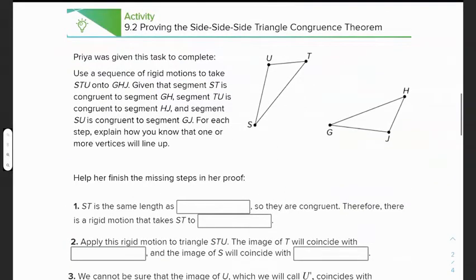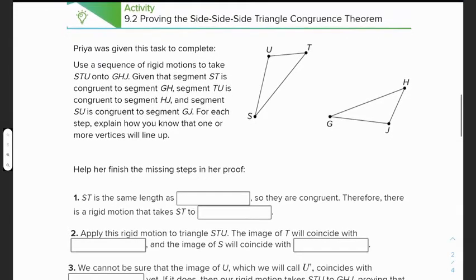All right, proving the side, side, side triangle congruency theorem. So we have this kid here, and they use a sequence of rigid motions to take STU onto GHJ. Given that ST is congruent to GH, so let's mark these given pieces.